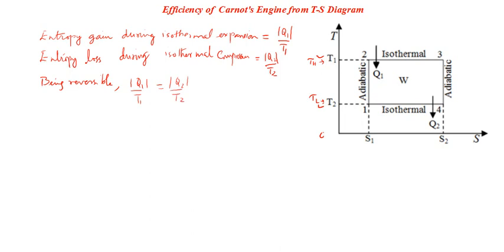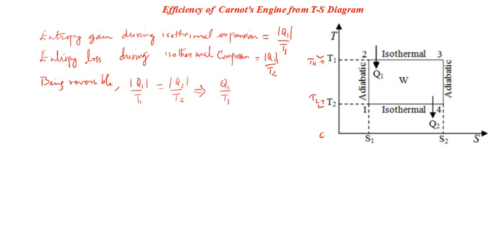Okay, and now let's use our sign convention. Heat Q1 is absorbed by the system, and so it is considered to be positive. Q1 is positive and Q2 is negative, is it not? Q2 is rejected by the system, so it is negative. So if you use the sign convention and get rid of this modulus, you can see that this expression will become Q1 by T1.